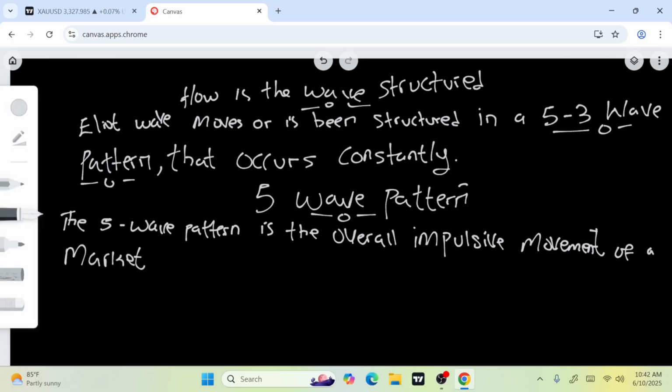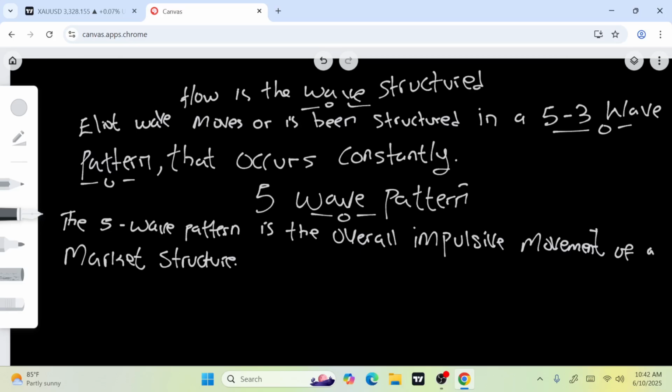Is the overall impulsive movement of a what? God bless you. It is the overall impulsive movement of a market structure. 5 wave pattern. Are we following? Now, what does that imply?